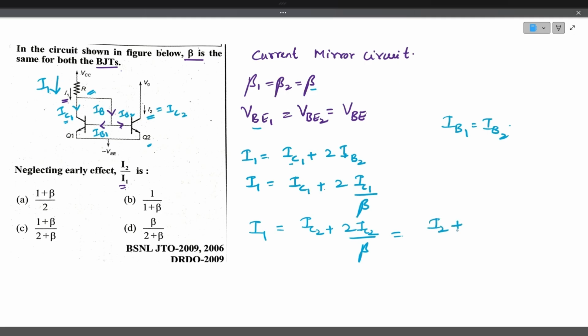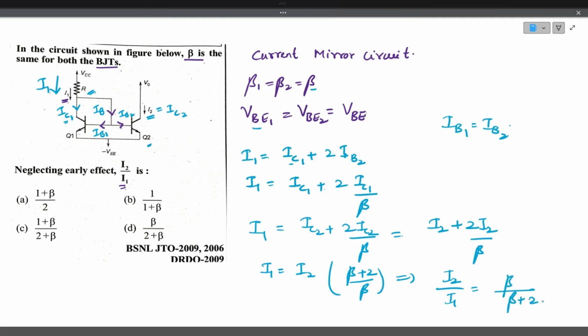So I2 plus 2 I2 divided by beta. So now I1 is equal to I2 times beta plus 2 divided by beta. By simplifying this, I2 by I1 will be beta divided by beta plus 2. So the answer is option D.